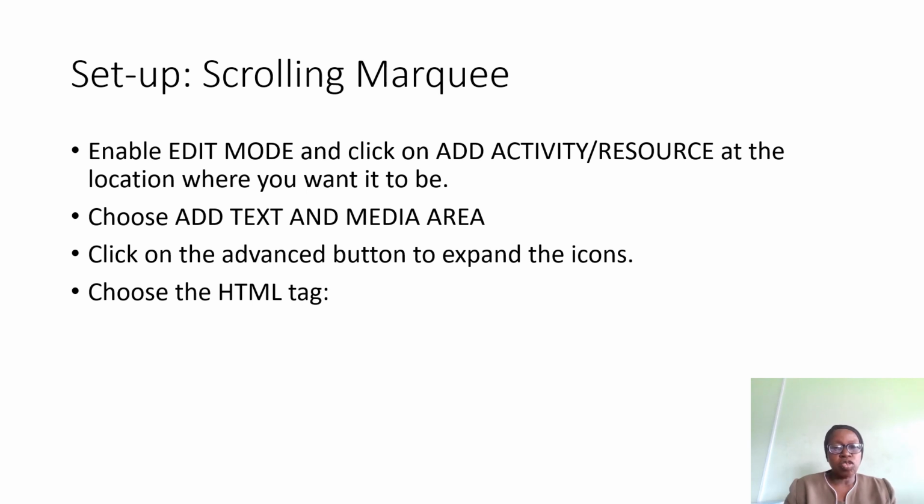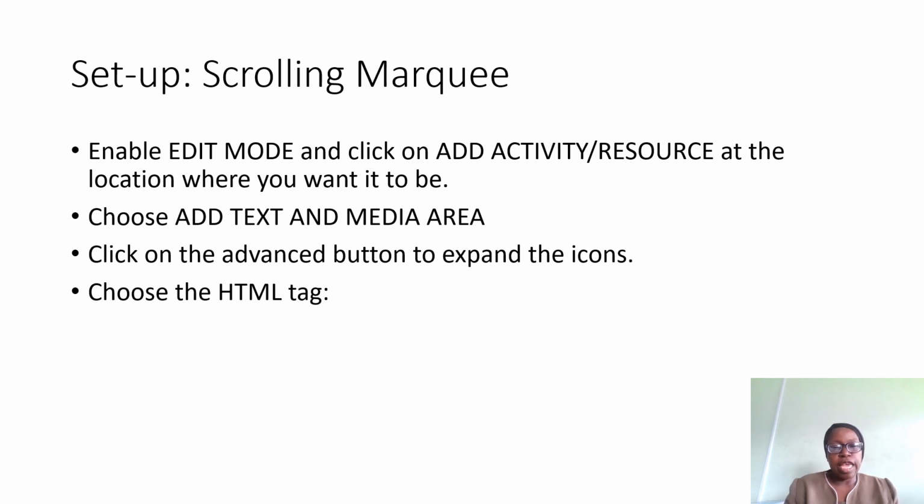How do you set up a scrolling marquee? You enable edit mode and click on add activity or resource at the location where you want it to be. Choose add text and media area. Click on the advanced button to expand the icons.